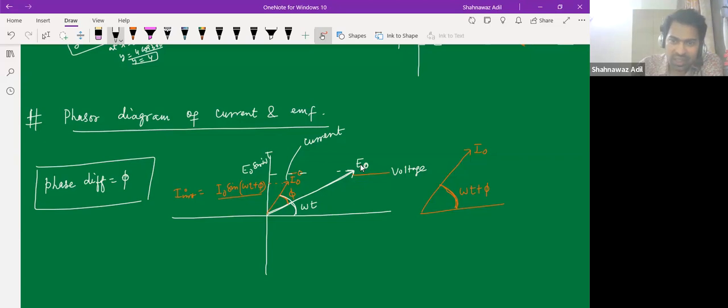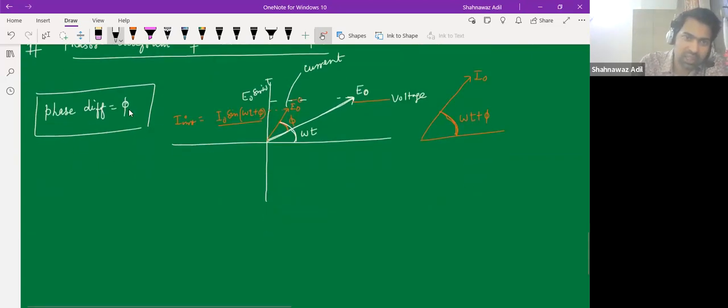So this would be called the phase difference, right? We can see that this voltage and this current are at different angles, right? So this would be the phase difference, and from this phase difference we define a factor which is called the power factor. The power factor is defined by cos of this phase difference phi.